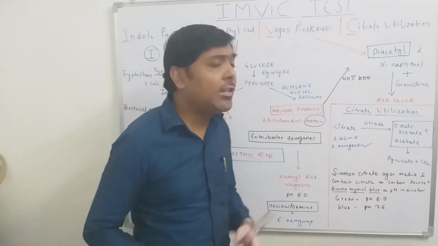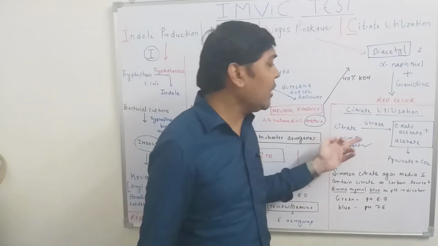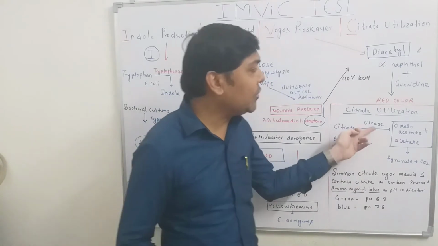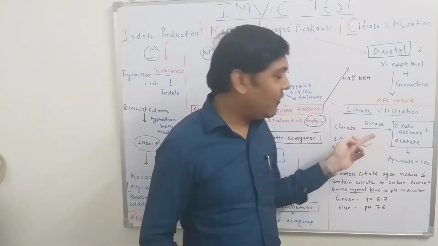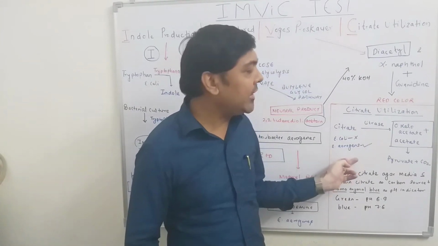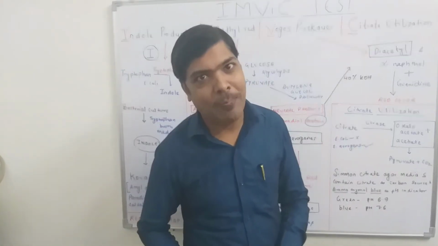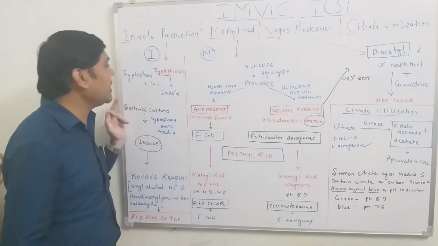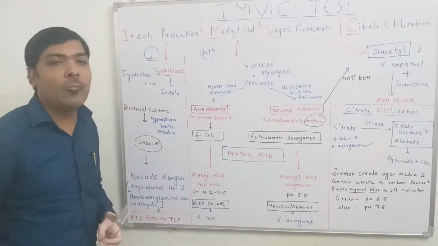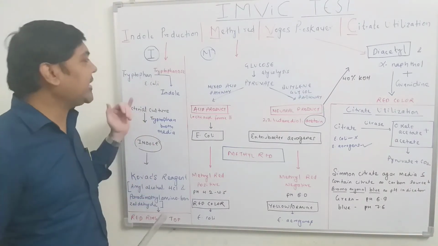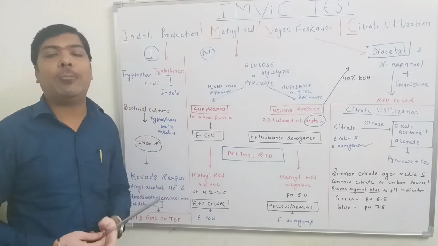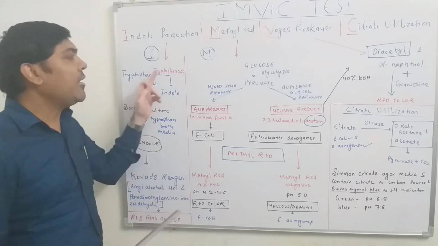But what is the observation? E. coli is not able to produce the enzyme citrase, whereas Enterobacter aerogenes has the capability of forming citrase. Like we discussed earlier, E. coli has the capability of producing tryptophanase, whereas Enterobacter aerogenes does not.